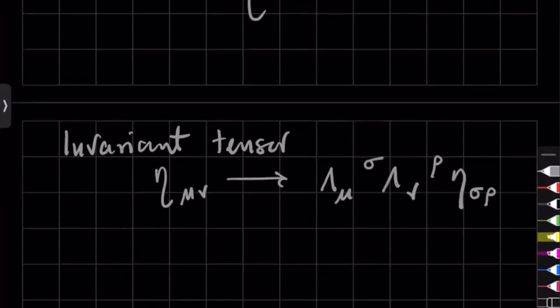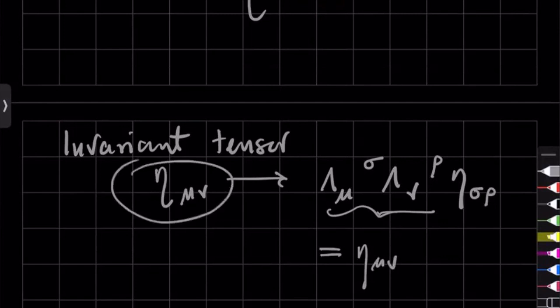But we know that the Lorentz matrices must satisfy the condition where this contraction should give me eta mu nu, right? Because that is the definition of the Lorentz transformation, remember? So this is a special tensor called an invariant tensor.